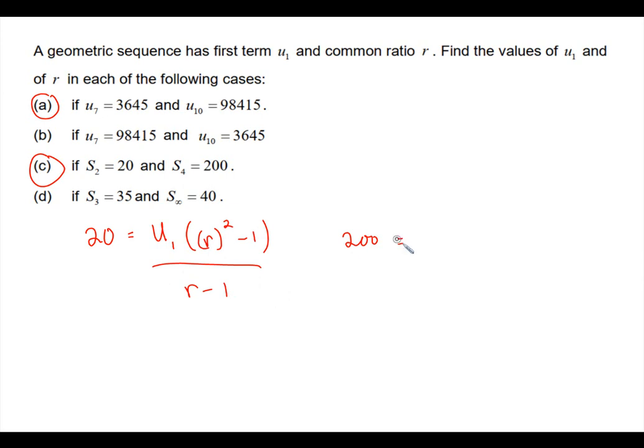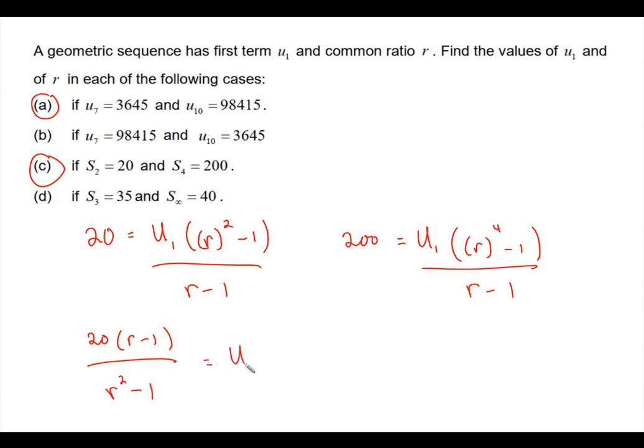So we've got 200 is equal to the first term times r to the 4 power minus 1 over r minus 1. Now basically, same idea. You want to solve for u sub 1 here. So if you get u sub 1 by itself, you would have 20 times r minus 1 divided by r squared minus 1. That would equal u sub 1.